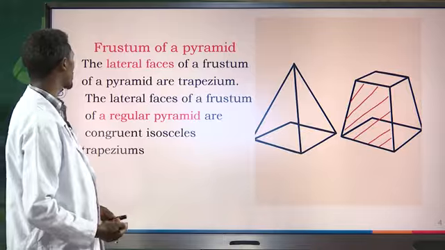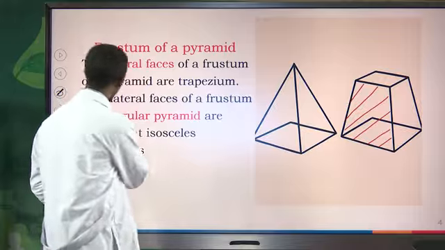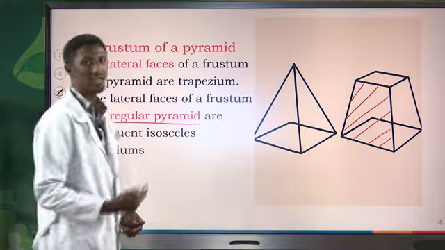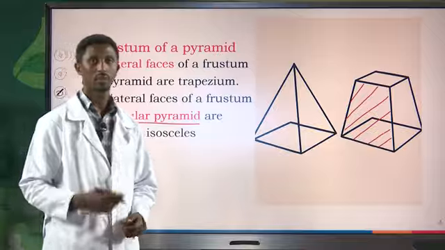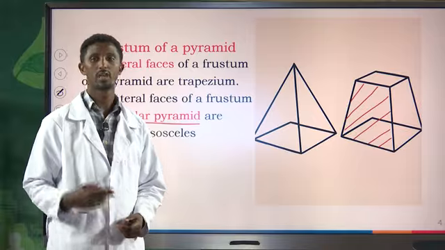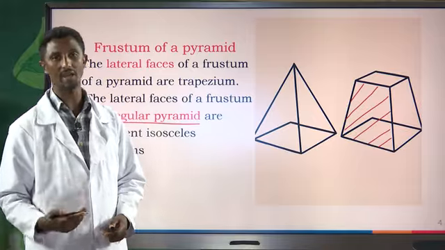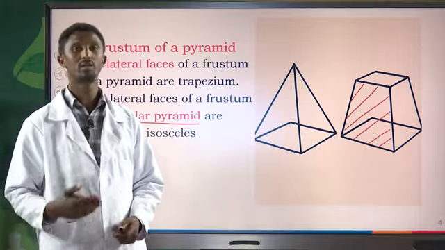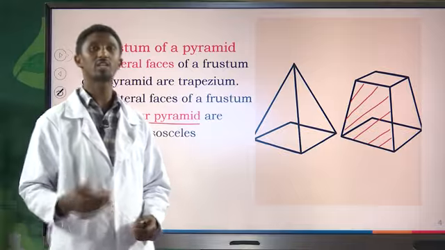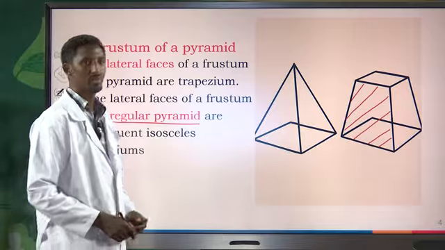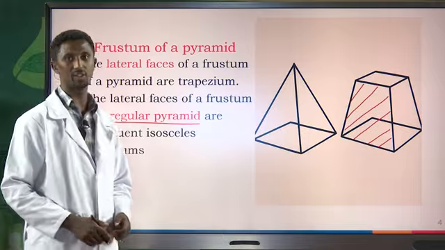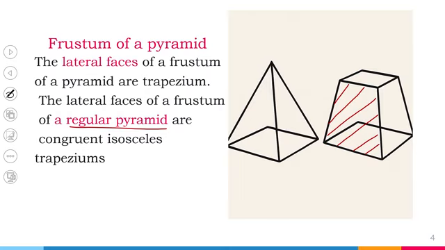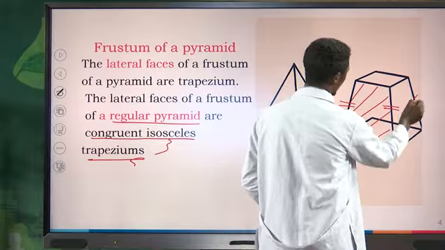Now the lateral face of a frustum of a regular pyramid. What's a regular pyramid? A pyramid where the base is a regular polygon and it is a right pyramid, when the altitude passes through the center of the base. If it is a regular pyramid, the lateral faces are congruent isosceles trapeziums, with the two sides equal.